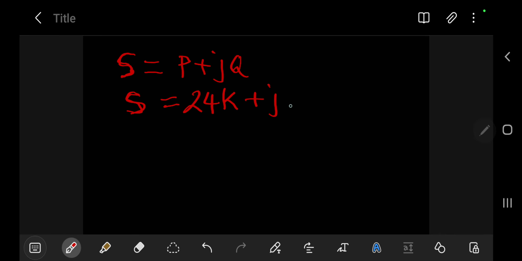The complex power, given as a bold-faced S, is equal to P plus jQ. You know what P is, you know what Q is, so we just plug them in. P is the value we are given, 24K, plus jQ, which is 18K. Complex power is denoted by voltage times amps. So this is your complex power 1.